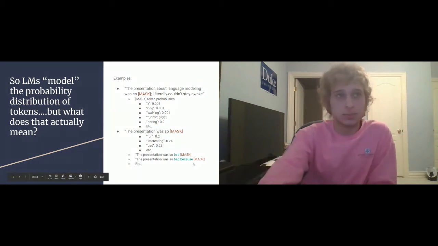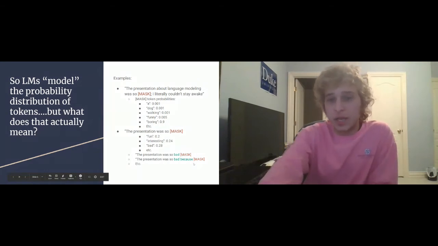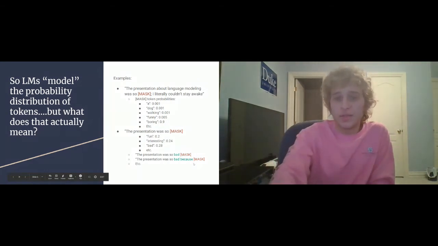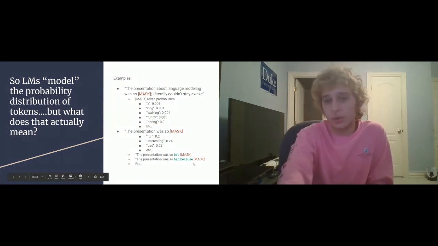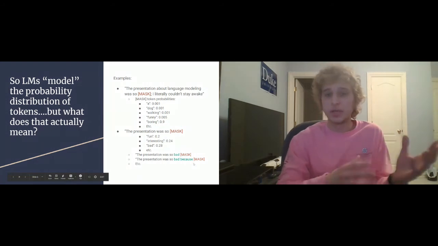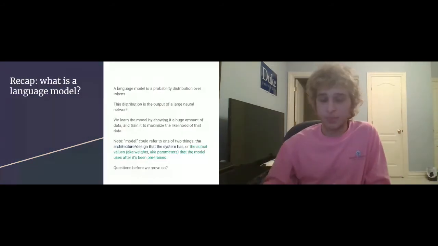Sweet. So to recap, a language model gives a probability distribution over tokens. This distribution is usually the output of a large neural network. The input to this network is the text, and the network outputs this probability distribution.